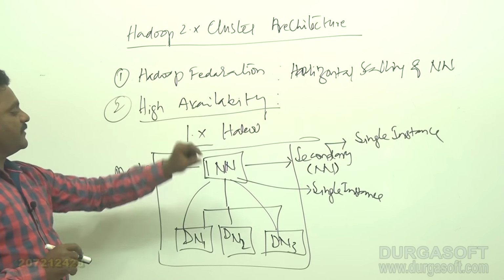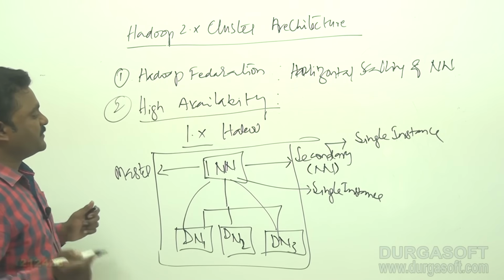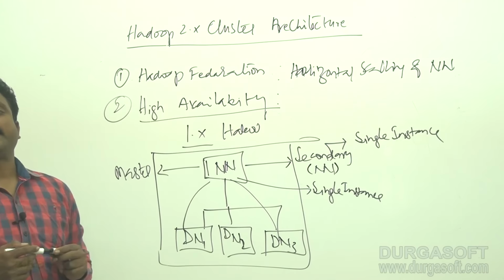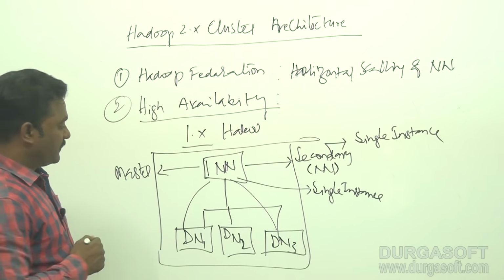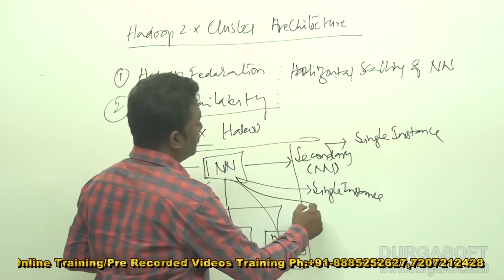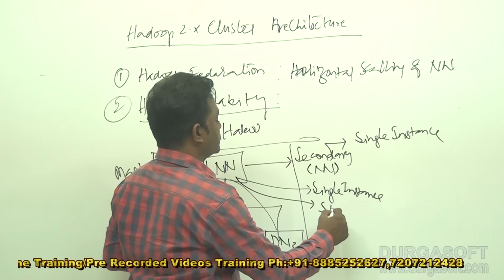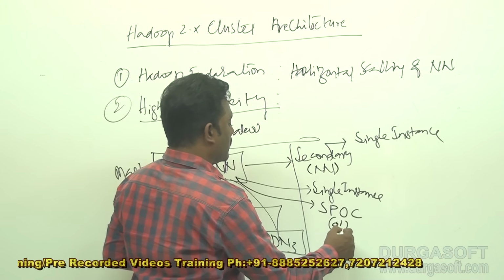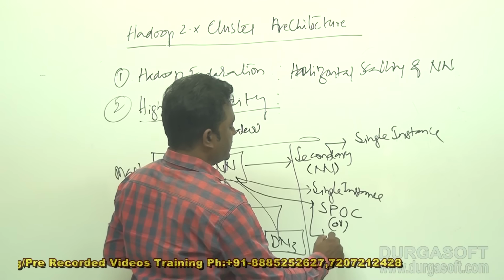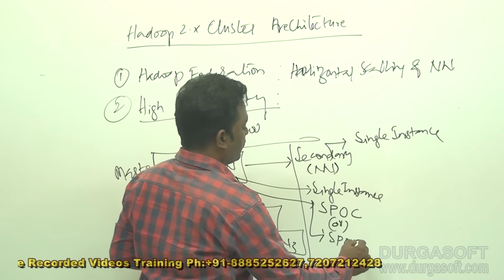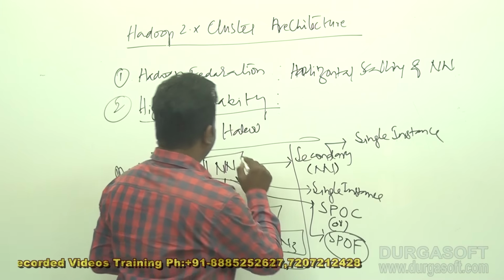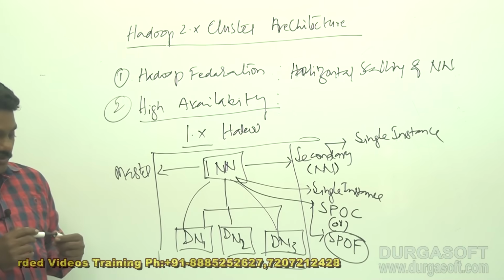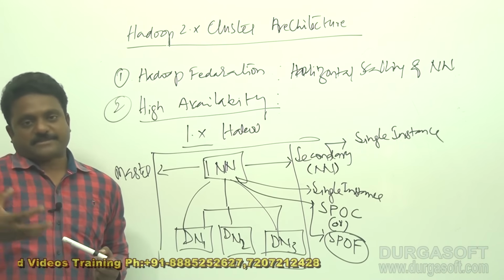Here, the name node is the single point of contact, which can also be called the single point of failure. There is only one point. The name node is the only node which handles the entire cluster's information.